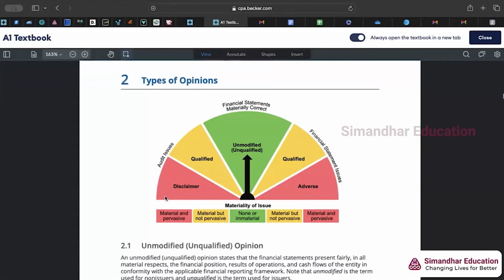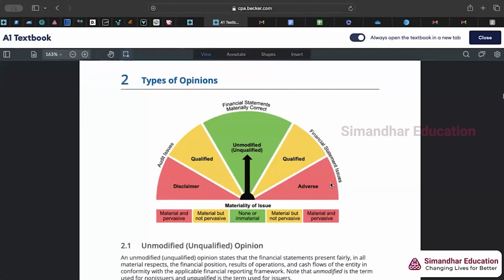If they do that, that means the impact is not only on their cash and bank, it is on all the captions of the financial statements, all the line items. The impact is material and pervasive. In that case, you will give adverse opinion.